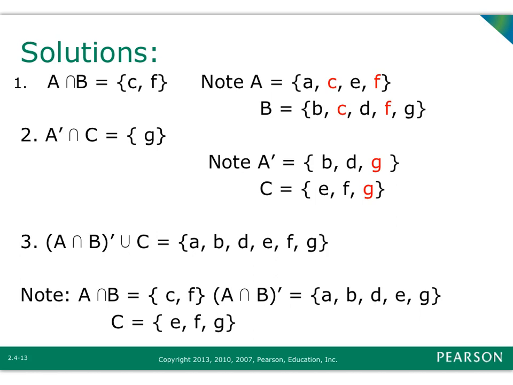So I want you to pause the video and see if you can do the last one, which is A intersection B complement union C, and see if you get the same results that I do. Go ahead and pause.